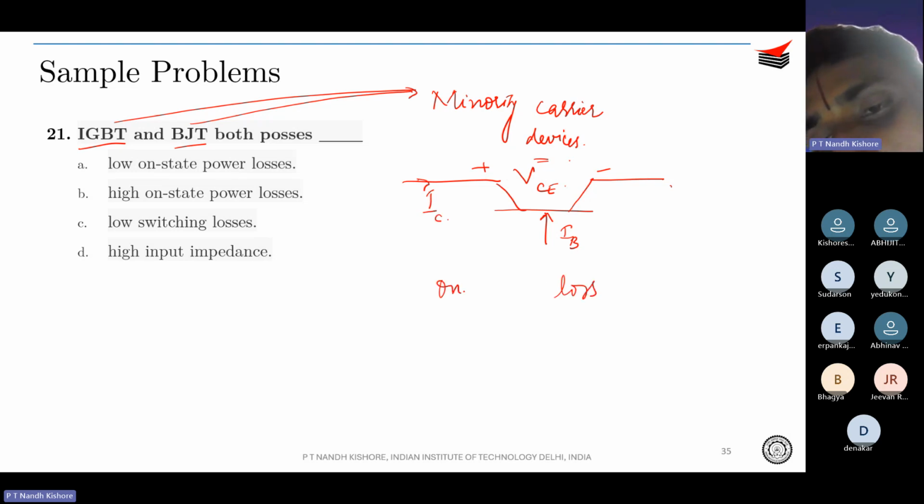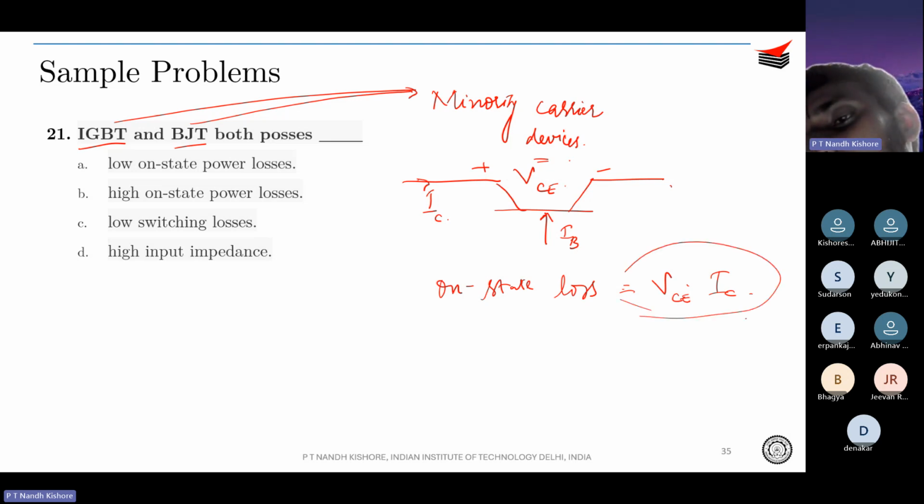On-state loss is actually VCE times IC. Irrespective of the point of operation, the on-state loss will be VCE times IC. That is why they are used for very high voltage and high power applications. So the answer over here is they have a low on-state power loss.